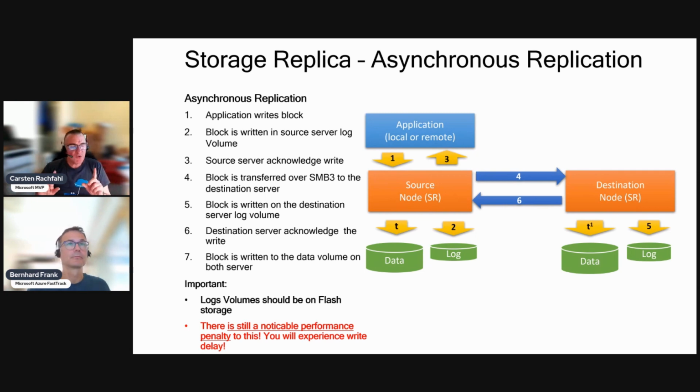And of course, you don't have the guarantee that the same data is on both sides if the source side fails, but this replication is continuous. So it's not every 5 minutes or every 15 minutes like Hyper-V Replica. It's just a little bit behind. So maybe it's a second behind or 50 milliseconds or 5 seconds.